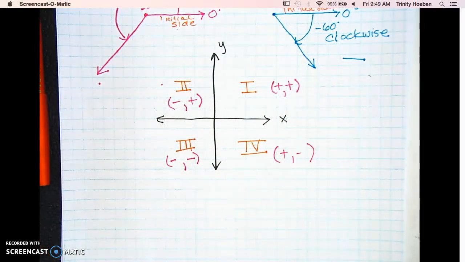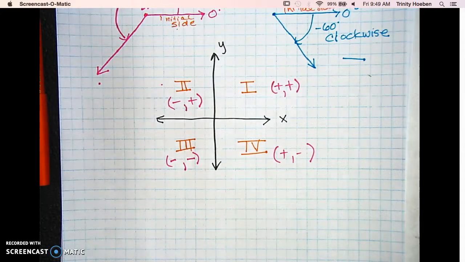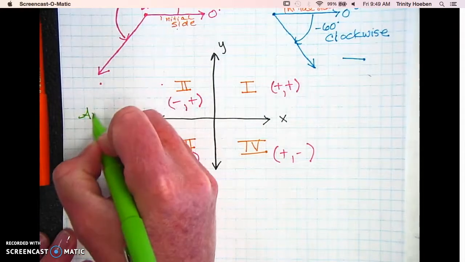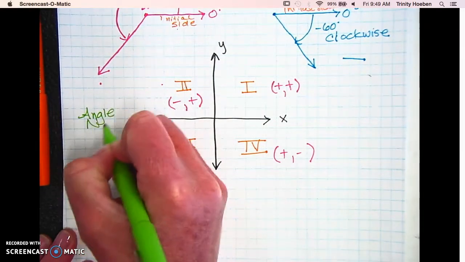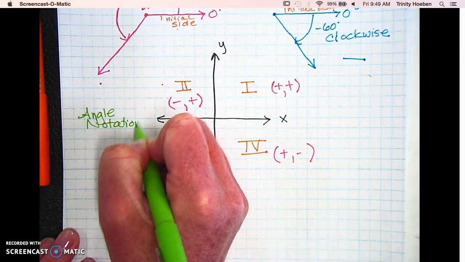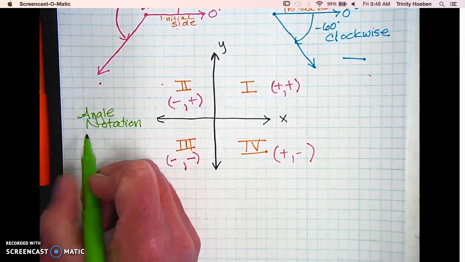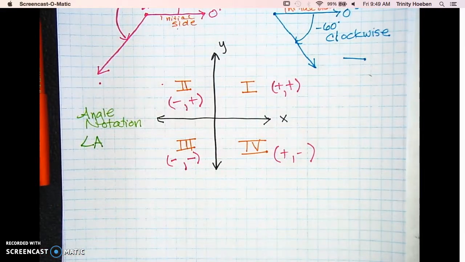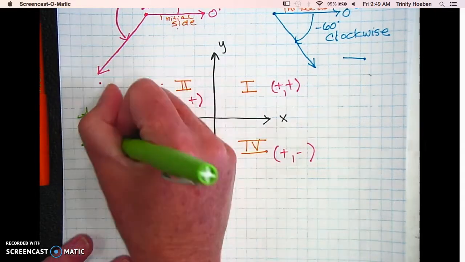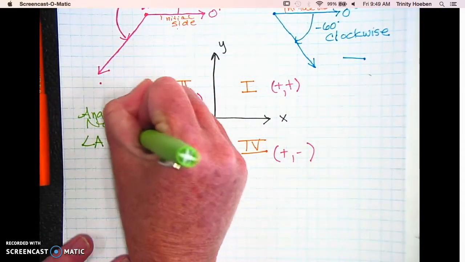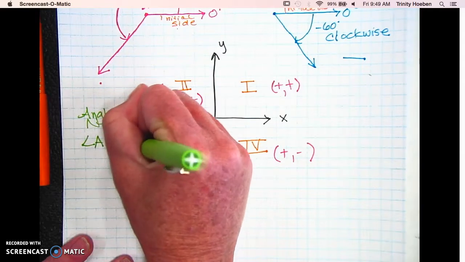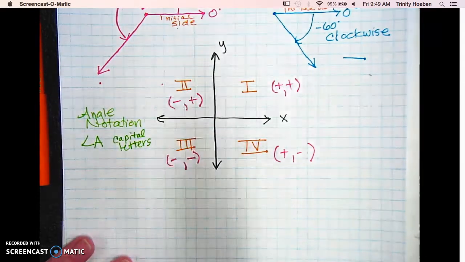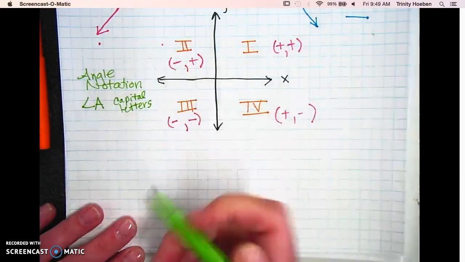Just a little side note about angle notation. From geometry you're used to something like angle A, or angle ABC, or angle EFG, where they use capital letters. That one you're probably used to.